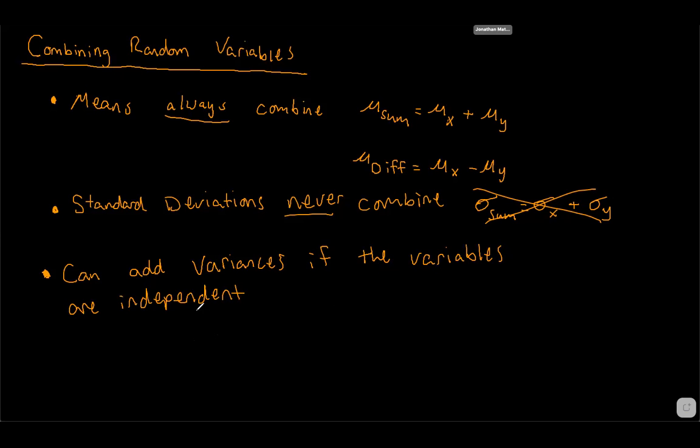You can add variances if the variables are independent. What I mean by that is knowing the outcome of one doesn't affect the outcome of the other, or the probability of that other outcome.